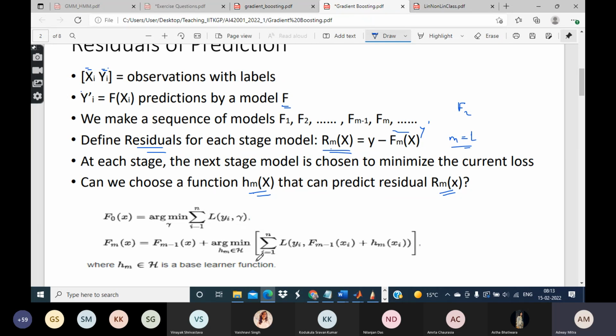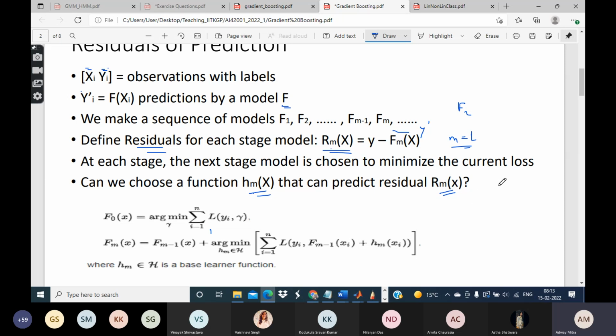So the mth model will have to be chosen in this way. The fmth model is basically the f m minus 1th model plus an additional thing called hm, which is basically a measure of the residual till this point.